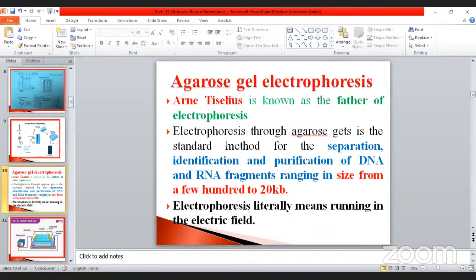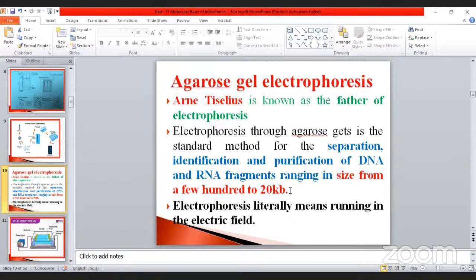Electrophoresis through agarose gel is the standard method for the separation, identification and purification of DNA and RNA fragments ranging in size from a few hundred base pairs to 20 kb. So which method is mostly used for the separation of RNA or DNA molecules?